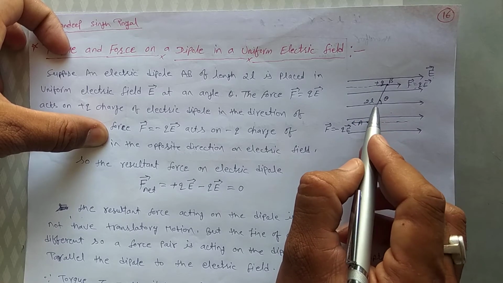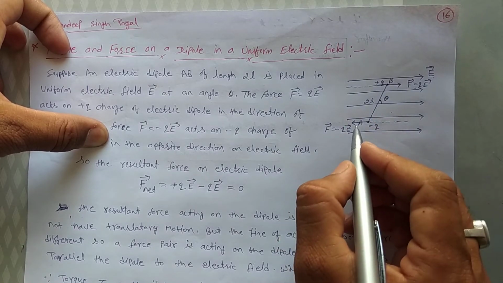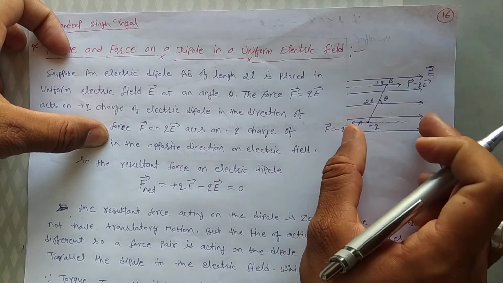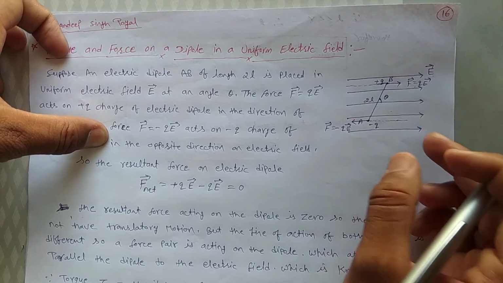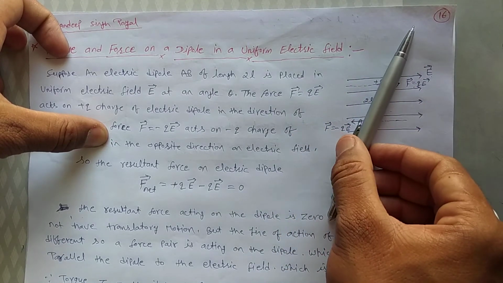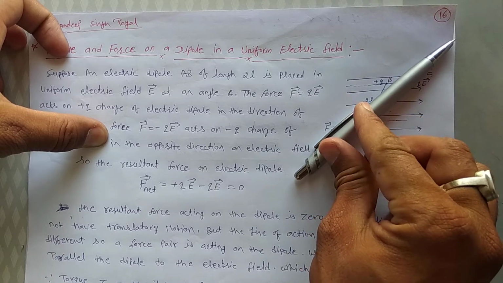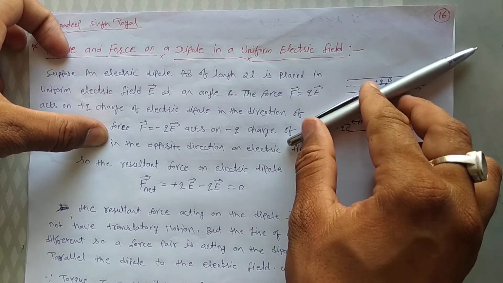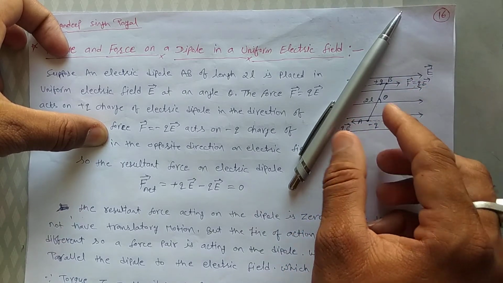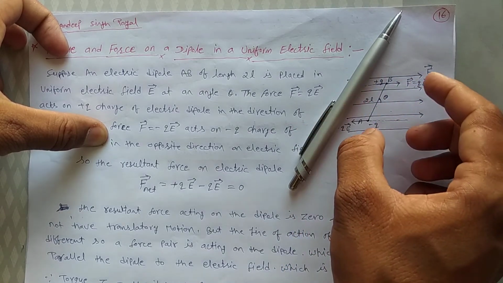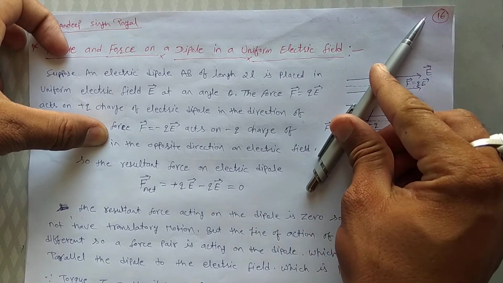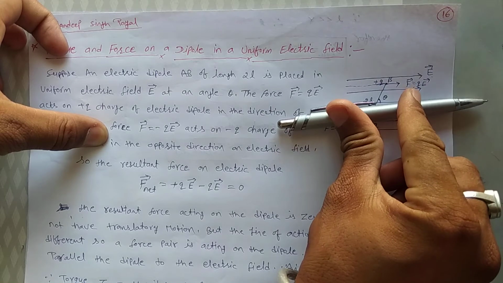So a force pair acts on this dipole, which attempts to make the dipole parallel to the electric field like this. This force is in this direction and this force in this direction. So due to this force pair, this dipole can be rotated like this.